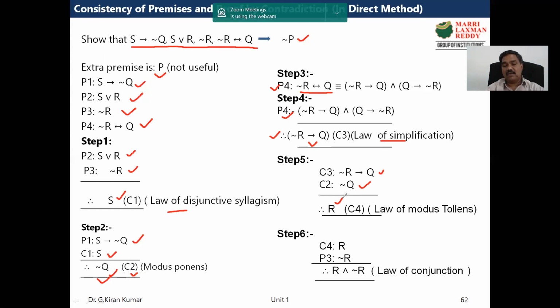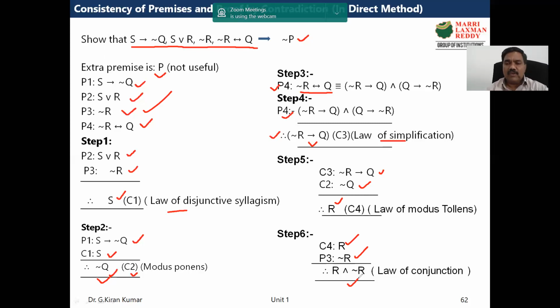Now, I just got R, but there is a premise negation of R. See P3. P3 is negation of R. So by the law of conjunction, I derived R and negation of R, which is a contradiction.